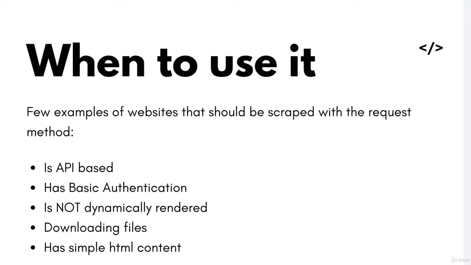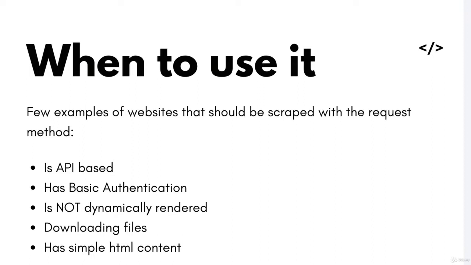Why should we not try to scrape dynamically rendered websites with request? Because the websites will fill the content of the website after the initial request, after the HTML, CSS and JavaScript is loaded. A simple example of this would be Facebook or even Instagram. You enter it and you see a blank page with some structure in it, and then the content starts appearing.